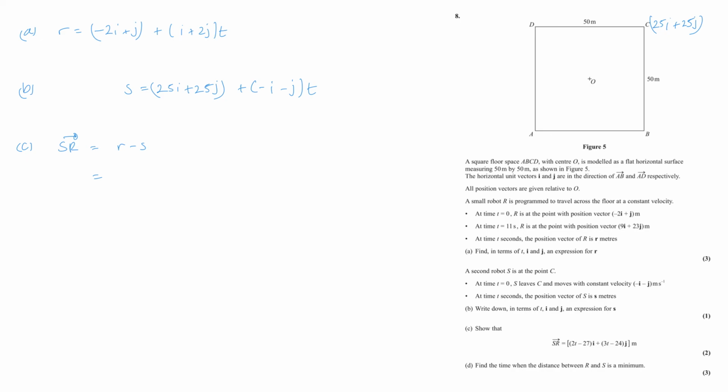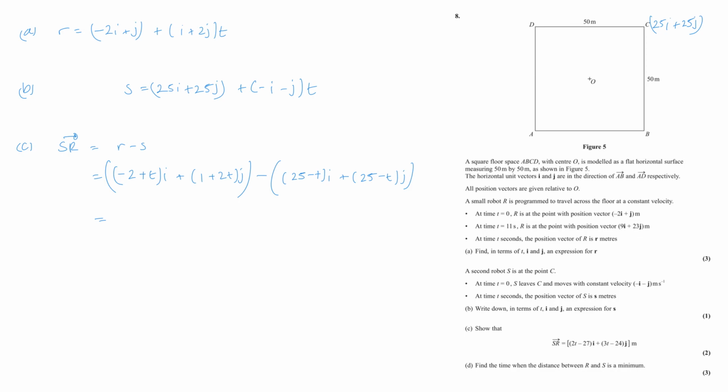So R is minus 2 plus t i plus 1 plus 2t j, minus 25 minus 1t i plus 25 minus 1t j.